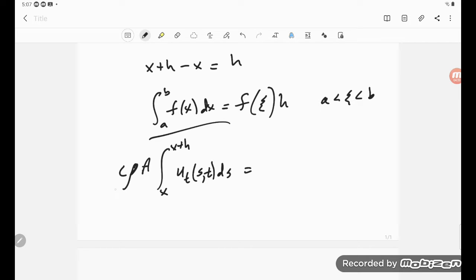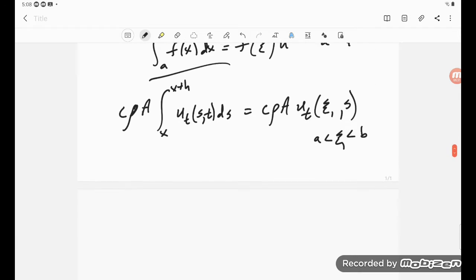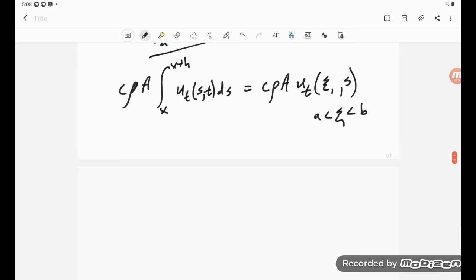The constants just come along for the ride, so they have to stick around. And then I'll get my integrand, u sub t, but at some c, and I'll put a 1 in this case. The reason I'm putting a 1 is because we've got another integral yet that we're going to do, so it'll have a different one. But it is true that this c1 is between a and b. So we have that from part of our relationship from the last video.